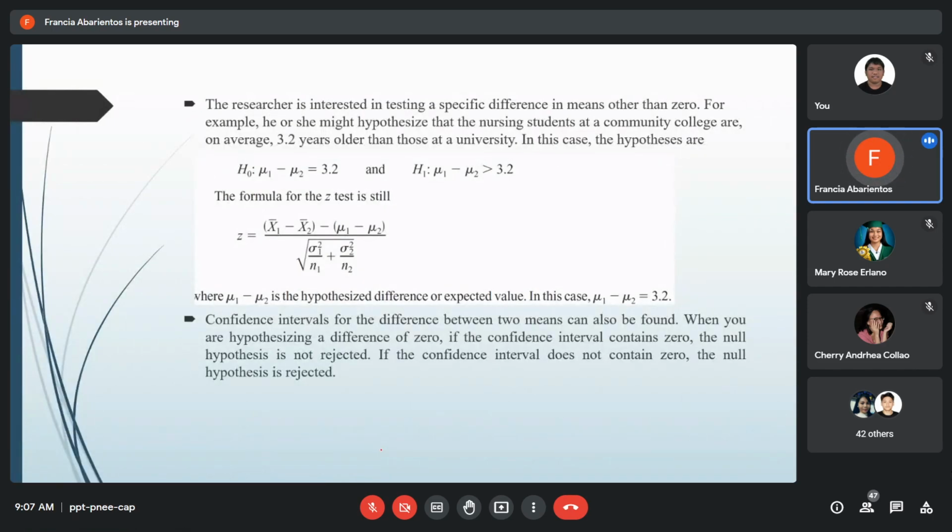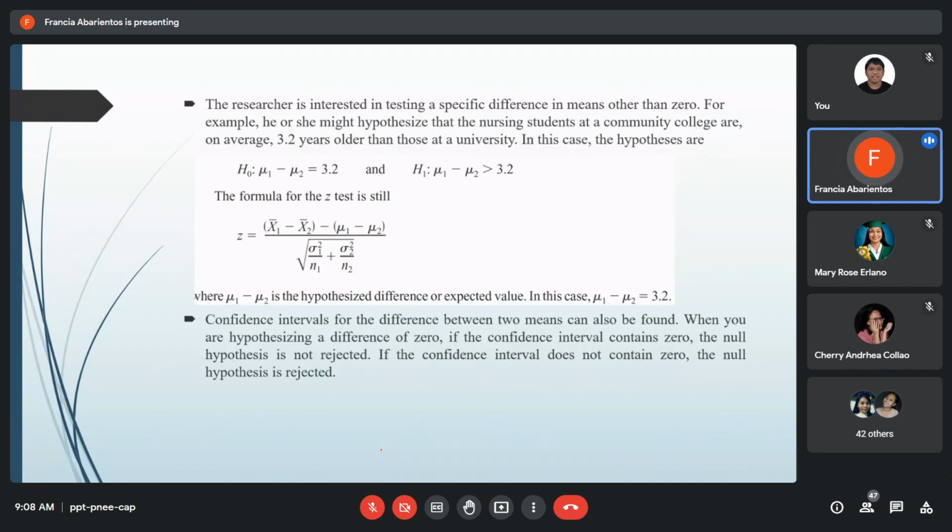So actually, the researcher is interested in testing a specific difference in means other than zero. So, ito class kadalasan yung kino-consider pag given sa atin yung value. For example, he or she might hypothesize that the nursing students at the community colleges are, on average, 3.2 years older than those at the university.